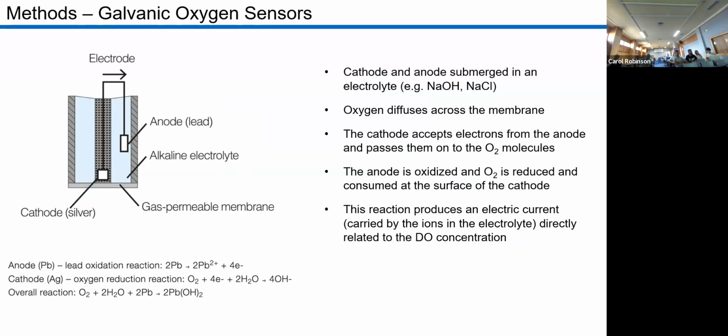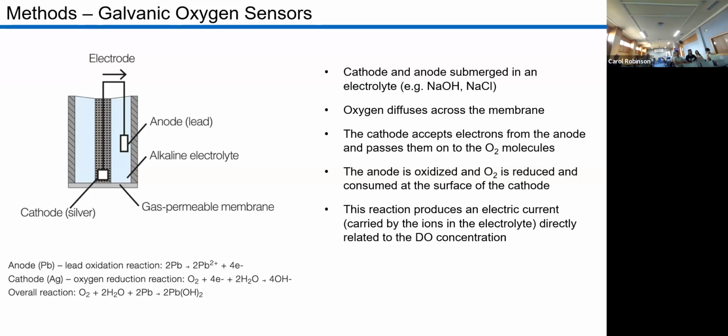First, for the galvanic oxygen sensor, one of the characteristics is that you have a difference in potential between the anode and the cathode. Both the anode and cathode are submerged in an electrolyte. The oxygen diffuses across the membrane, and the cathode accepts electrons from the anode and passes them onto the oxygen molecules.